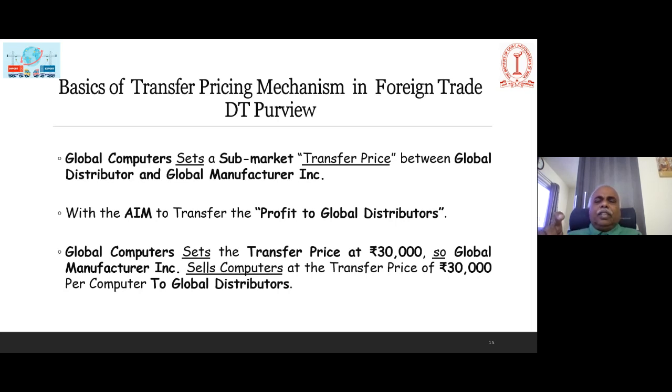With the aim of shifting profit to the distributor, the profit that should come to Global Computers is shifted to Global Distributors. Global Computers sets a transfer price of 30,000. The manufacturer manufactures for 20,000 but transfers to the distributor for 30,000.